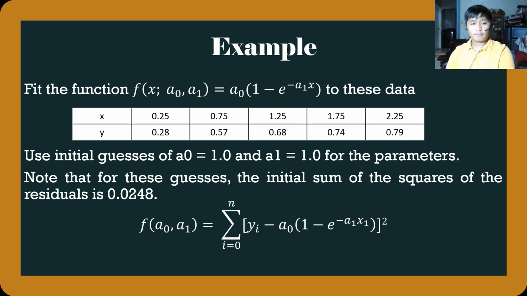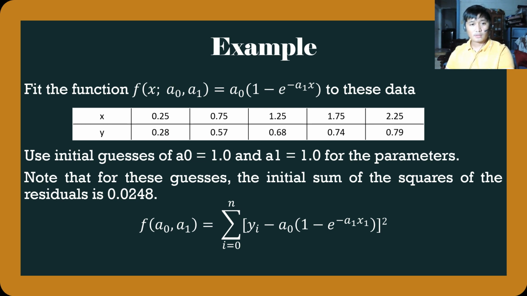This is derived from this formula. This formula below is the formula of the sum of squares of the residuals. So for this y sub 1, if we are going to calculate this sum of squares, we need to substitute y sub i.